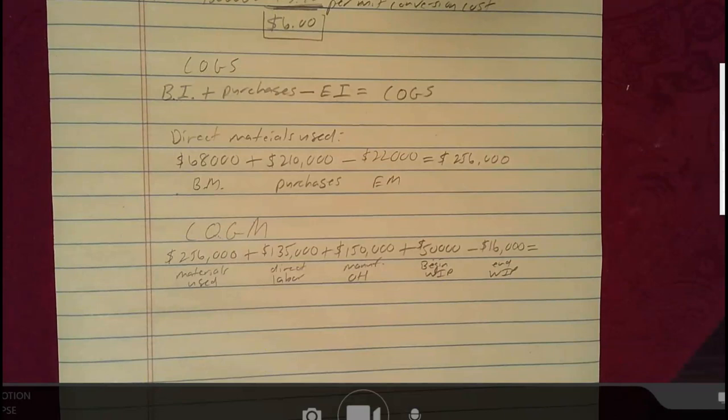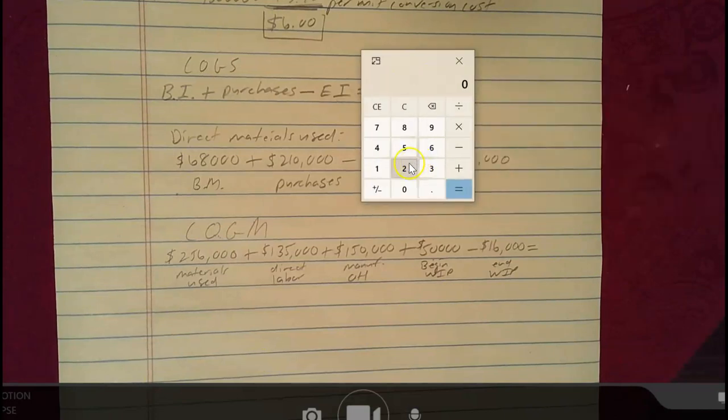So let's bring our calculator over here. $256,000 in materials used for the period plus $135,000 direct labor cost plus $150,000 manufacturing overhead, plus we had $50,000 in work in process.